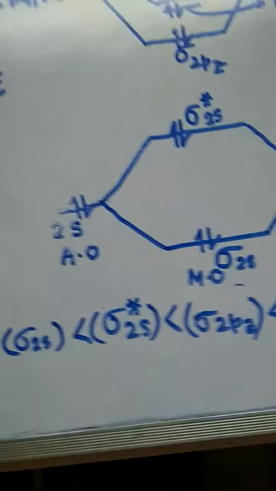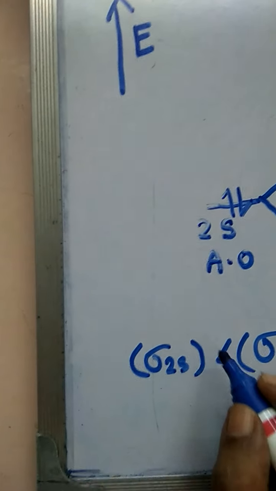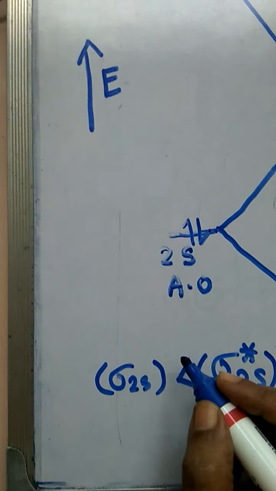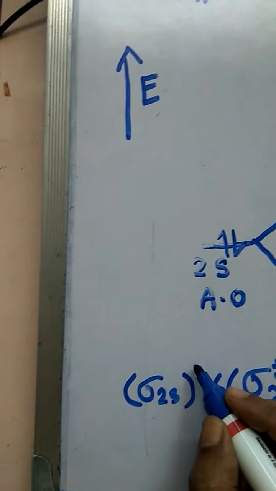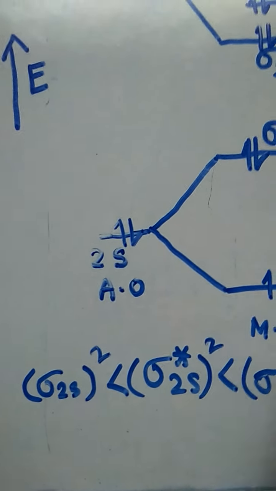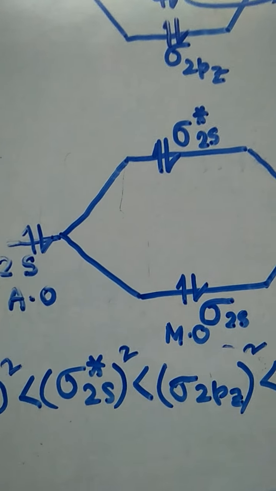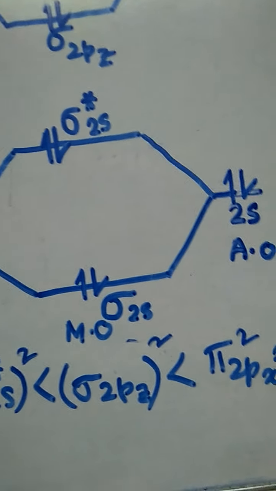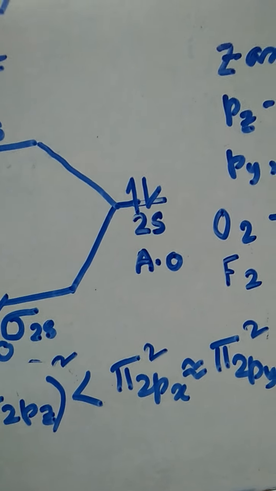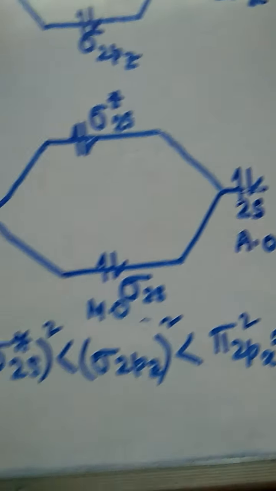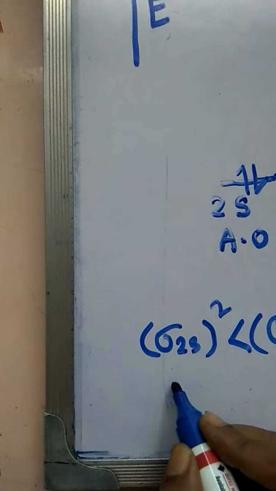Then we will fill up the electrons. For oxygen, how many electrons will be there? Here it will be 2, 2, 2. Then in pi also we have 2 electrons, and then in pi star we have 1 electron each, and this is 0. So what will be the bond order?